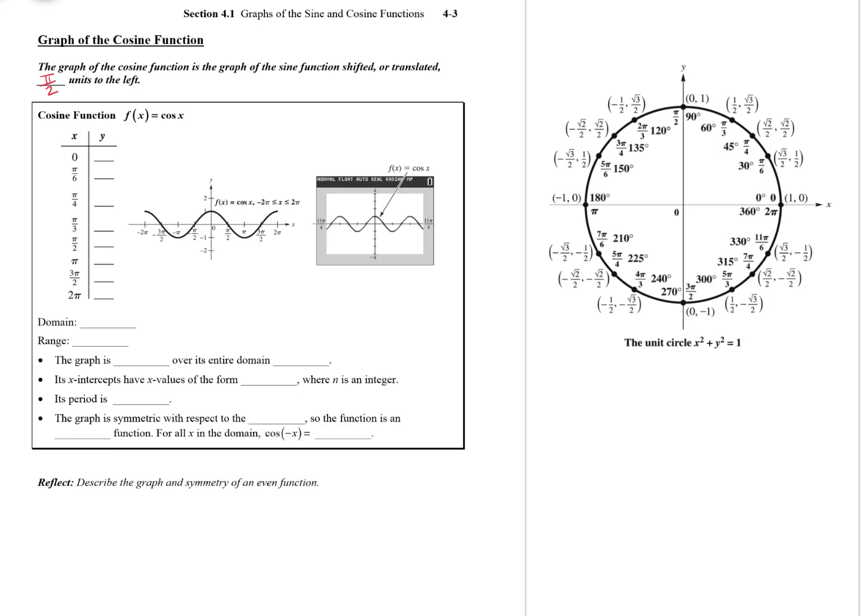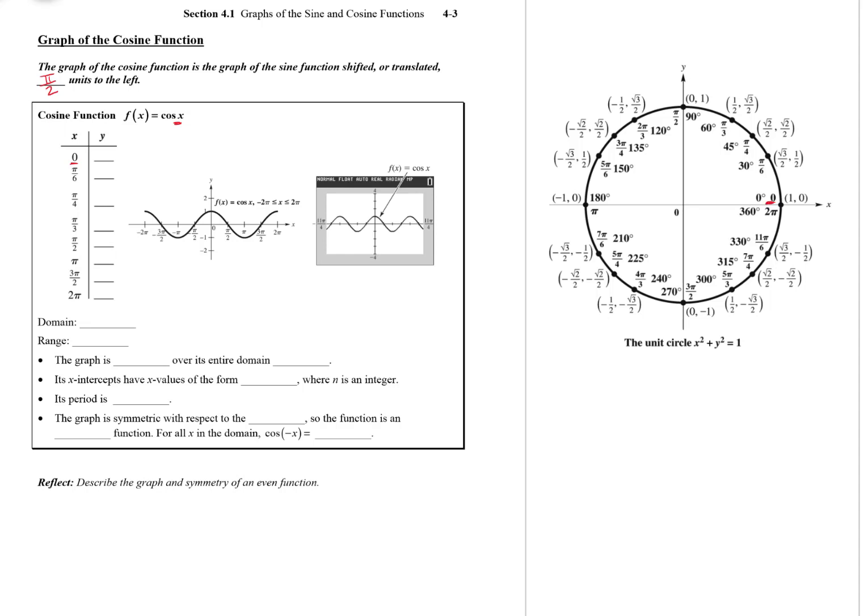To plot the points, remember that x is going to be like our angle, and remember how the cosine by definition is equal to x. So when we're given these x values, like 0, this 0 refers to the angle in radians. So that would be this 0 here on the unit circle.